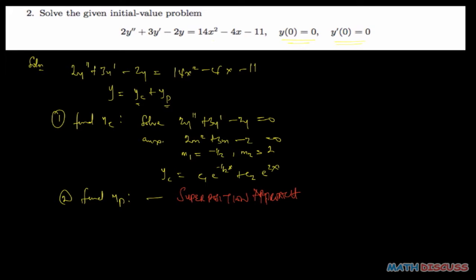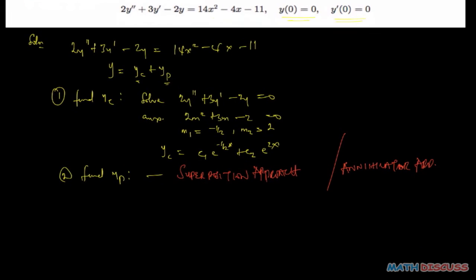You could either use the superposition approach or you could use the annihilator approach. The two of them are still under the method of undetermined coefficients. But for this video, we're going to use the superposition approach. For the superposition approach, we need an assumed form for the particular solution.